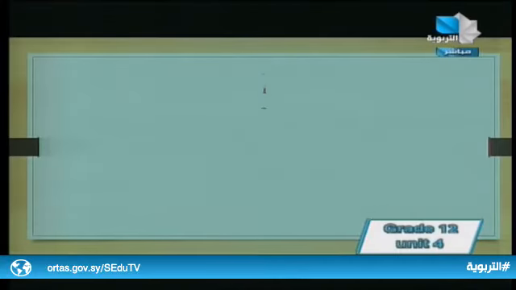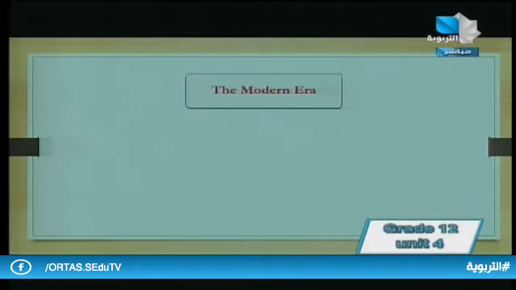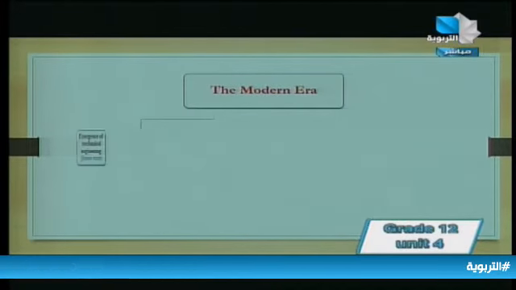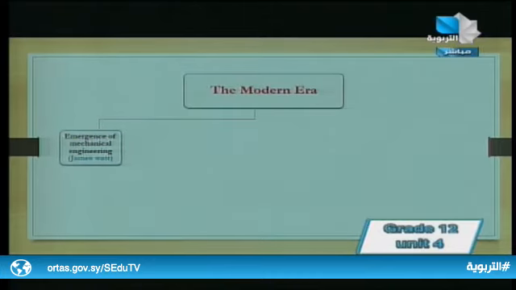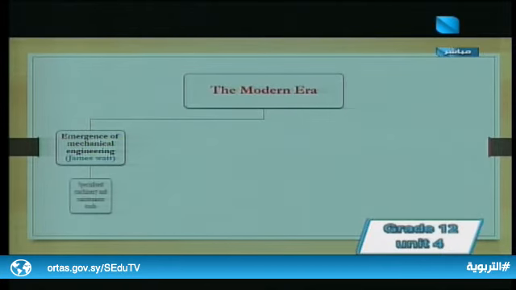What about the modern era, Mr. Hussam, please? Okay. The modern era witnessed the emergence of mechanical engineering, especially by James Watt. This type of engineering specialized in machinery and maintenance tools. That period also witnessed chemical engineering during the 19th century, and another field, electronic engineering, by James Maxwell and Heinrich Hertz.